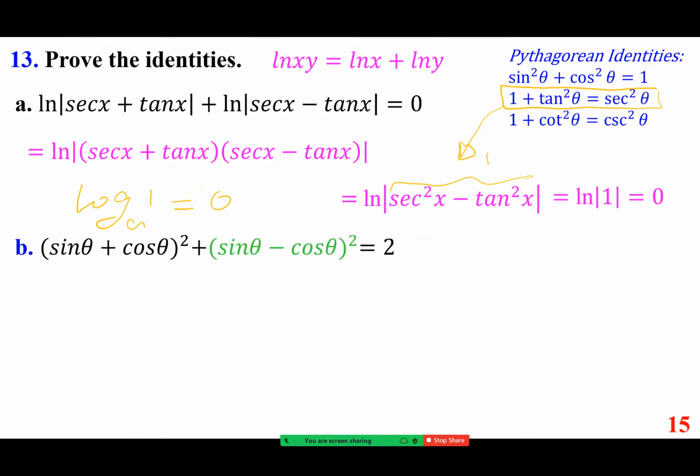Sine theta plus cosine theta quantity squared plus sine theta minus cosine theta quantity squared equals 2. Obviously, we're going to start with the left-hand side. And we are going to square that because that's the more complicated side. This gives us sine squared plus 2 sine theta cosine theta plus cosine squared plus sine squared minus 2 sine theta cosine theta plus cosine squared.